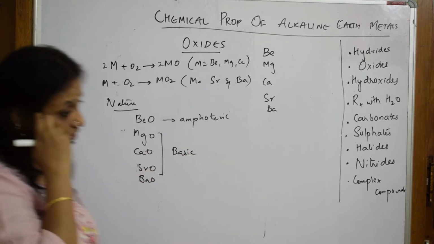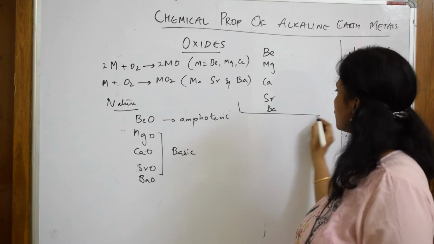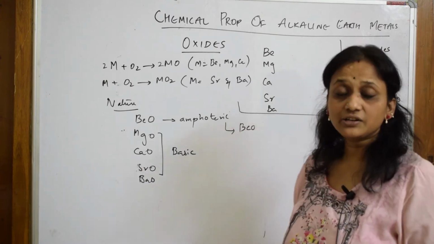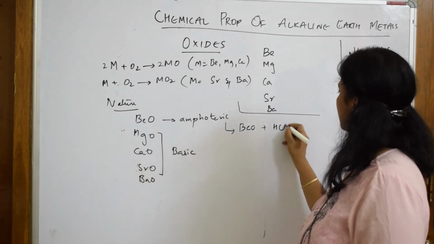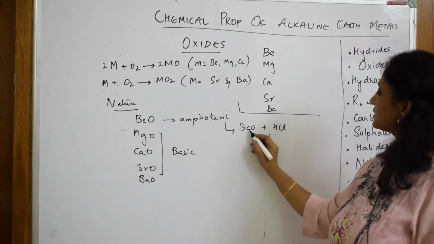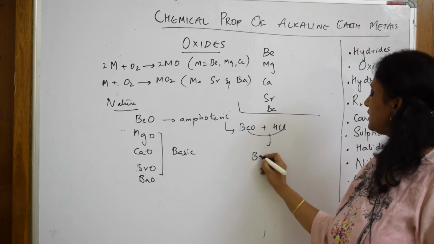Now, about the amphoteric nature of beryllium oxide: when it reacts with an acid, HCl, it forms beryllium chloride plus water, right?